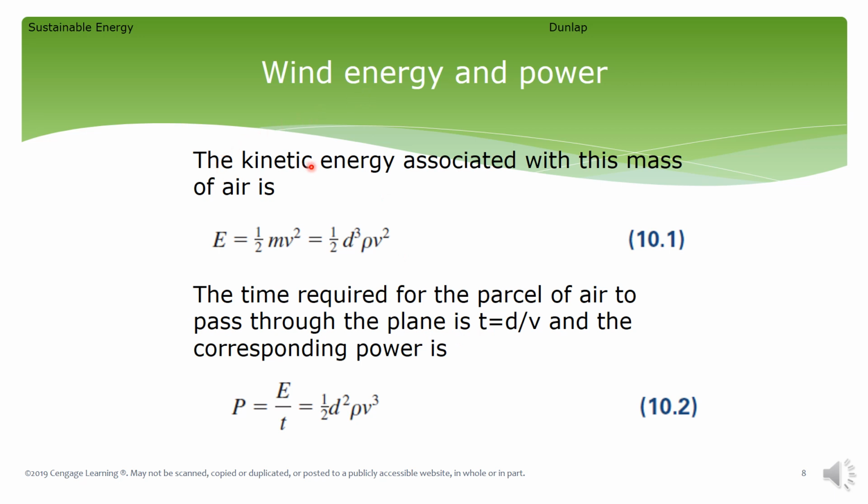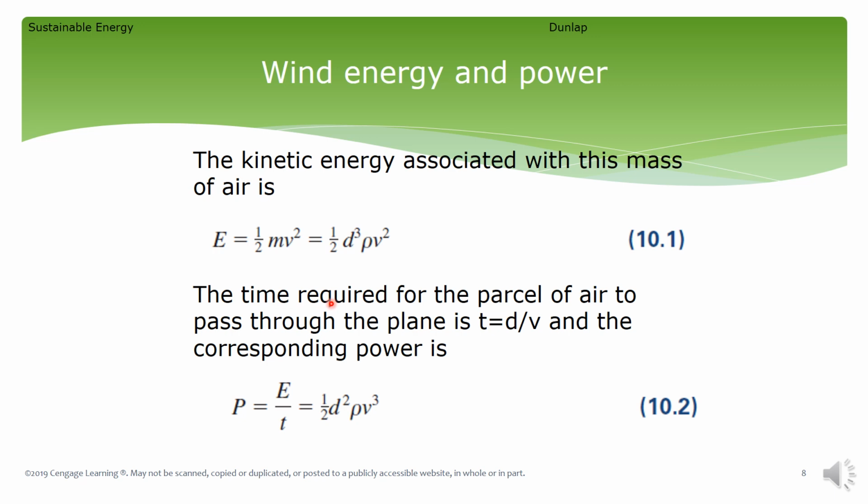Then the kinetic energy associated with this mass of air will be like this. This is the velocity of the cubic parcel, and this is the mass, and we can calculate the mass of the cubic parcel like this. And this one is the density of air.